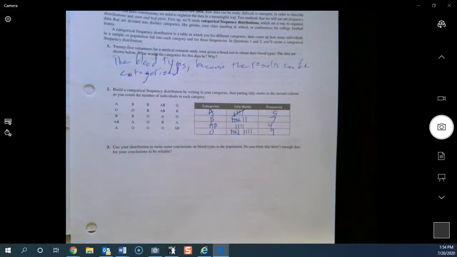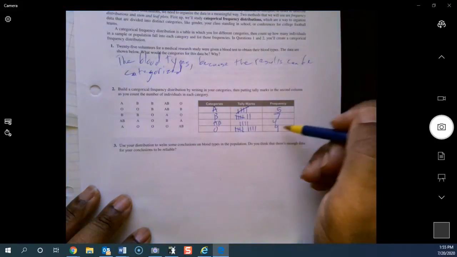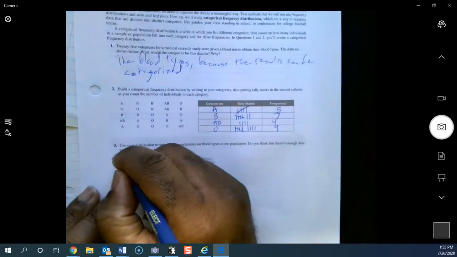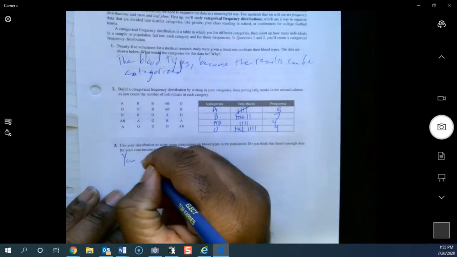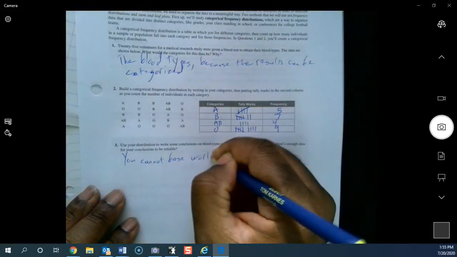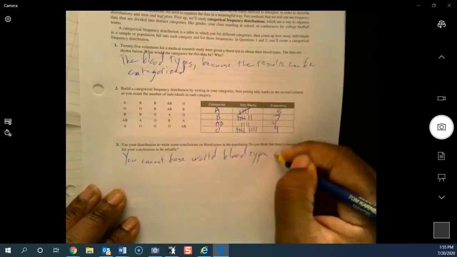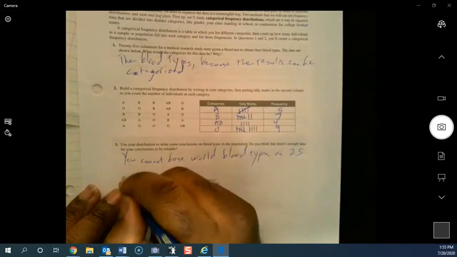Now it says here, use your distribution to write some conclusion on blood types in the population. Do you think there's enough data for your conclusions to be reliable? Okay, listen, first of all, if we count how many we have here, what's this, 25? You cannot base world blood types on 25 people.